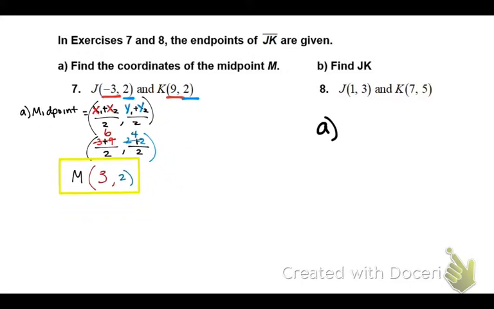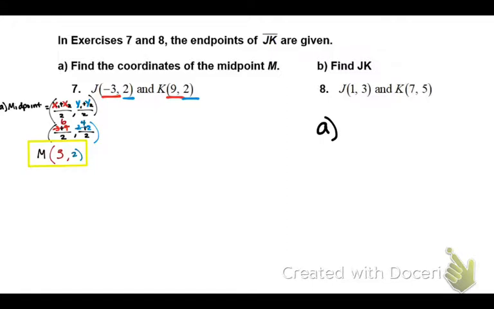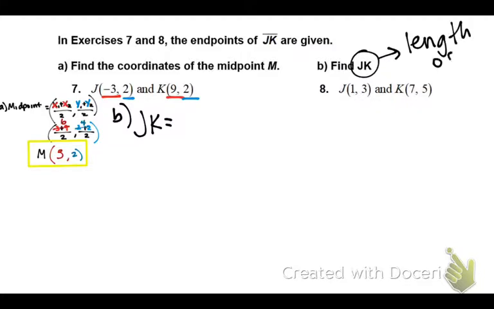So we are not finished with number 7. We just answered part of it. We're going to find the length of JK now. A lot of students got confused with this on the quiz. When there's no line above, it means the length of JK. To find the length, you use the distance formula.